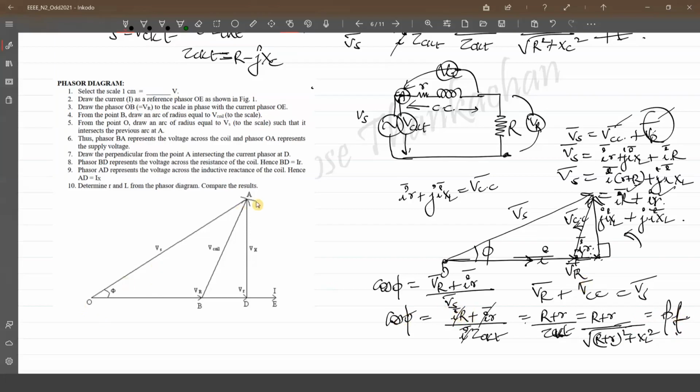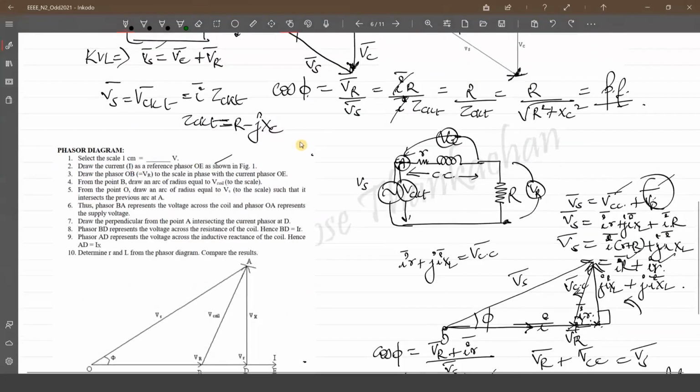The same thing you have to do for the phasor diagram also. So draw this OE, you can see, draw the current I, just as a reference phasor, not to scale. Just simply draw this as a reference phasor. Now on this, draw the phasor OB, which is equal to VR. VR you already have here.